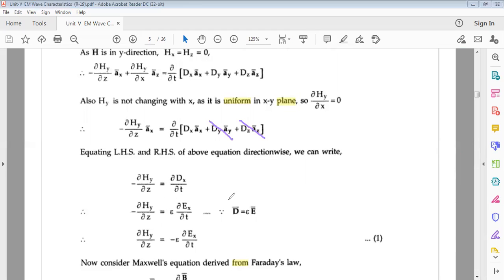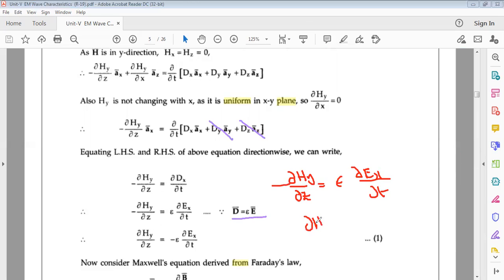And Dx is replaced with epsilon into E bar. The equation becomes minus dou Hy by dou z is equal to epsilon into dou Ex by dou t.